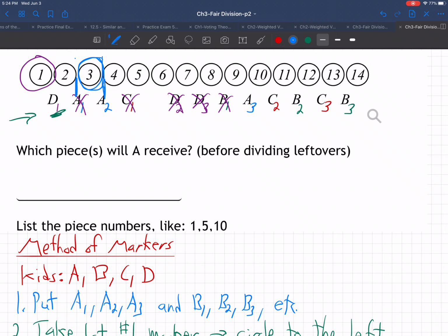A himself put those markers right there, marking off just candy number 3. He was saying, I think candy number 3 is a fair share. So we don't give him candy 2 also. That's not part of this section that he marked out. A put markers between candies, marker A1 and A2 right here, marking off just candy 3.